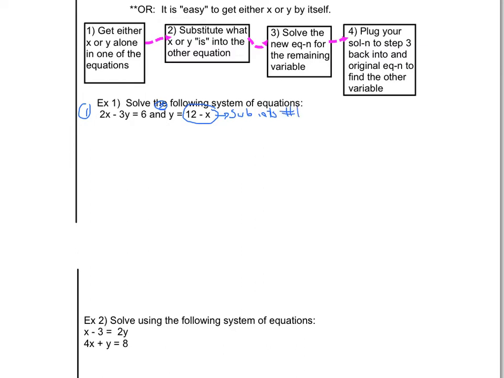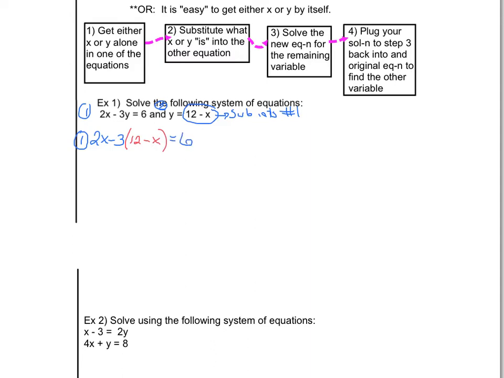Okay, and when I sub it into number 1, everything remains the same, except for instead of writing a y, I'm going to write 12 minus x in parentheses. And now step 3 tells me to solve.